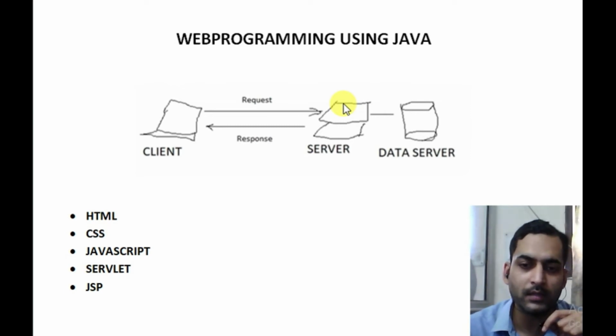If it requires some computation, then web server performs some computation with the help of some helper application. I will explain you later what is the meaning of helper application here. If it needs some data, then with the help of helper application it fetches data from the data server and prepares the page and sends to the client.